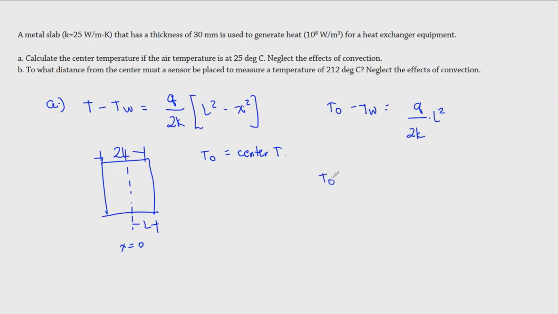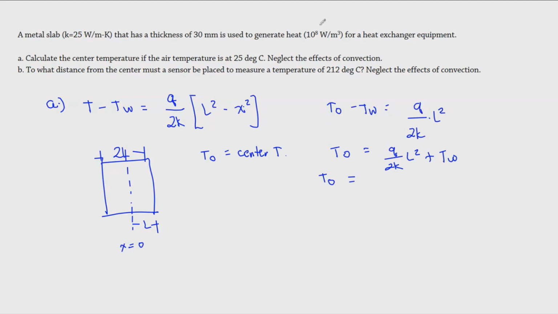Now we can simply substitute the values here. Let's transpose it, so we have TO equals Q over 2K times L squared, plus TW. So now I'll be substituting the values. We always have to check the units of our givens. They should always be in SI units, MKS.